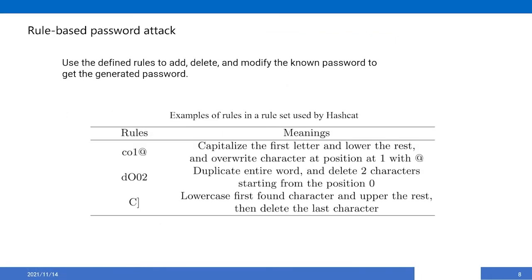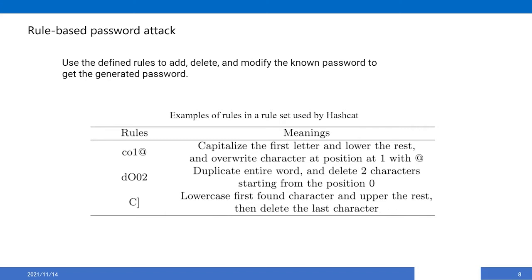The rule-based password attack is a kind of heuristic password attack algorithm. It can simulate the user password generation behavior by designing various transformation rules, such as insertion, deletion, and reordering to transform the strings in a carefully designed password dictionary.